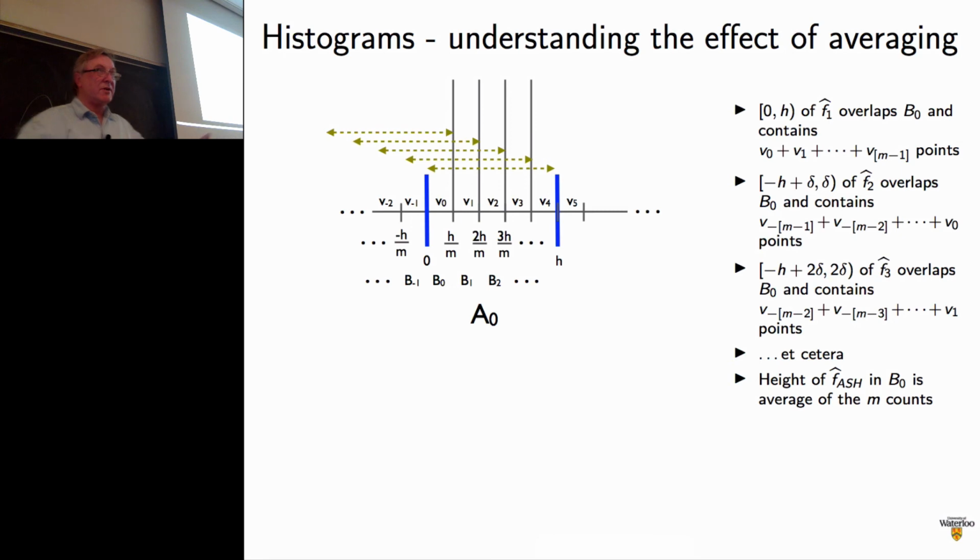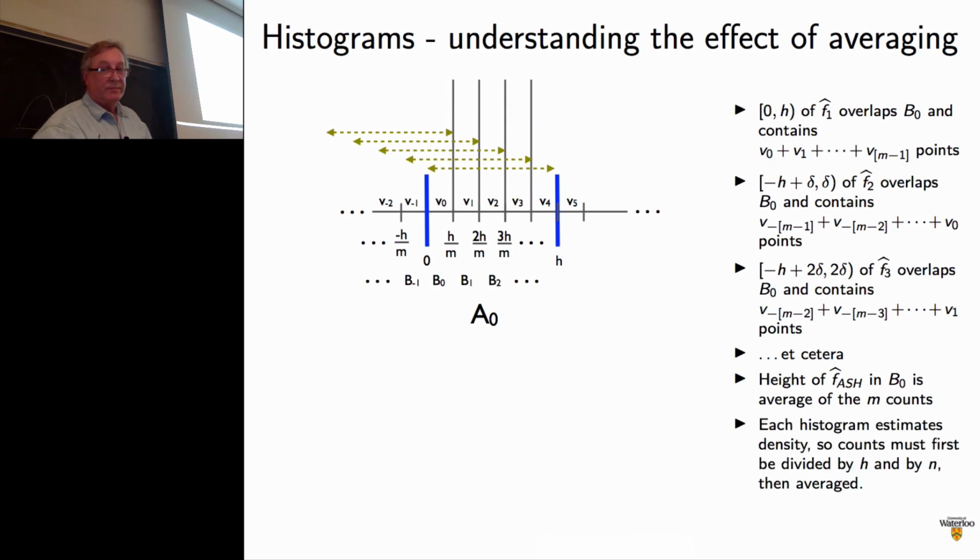If I've got m histograms, I'm going to have the average frequency in that tiny bin by averaging over those m counts. And lastly, to make it a density, I still have to divide by nh. In fact, every histogram, if it was a density, was divided by nh in the first place. Any questions? So that sort of makes sense. We're just shifting over and seeing which ones are in, what's the count.